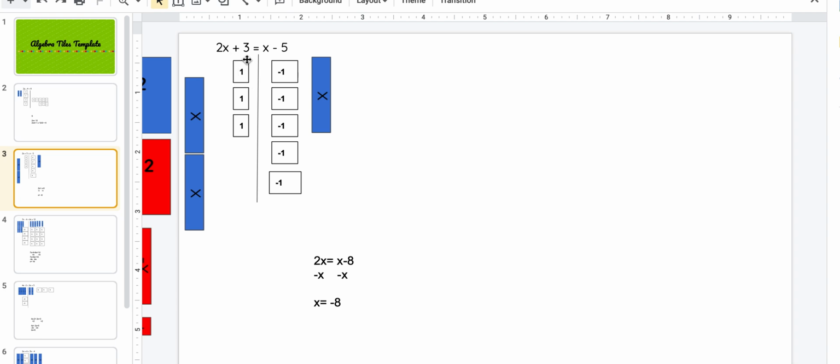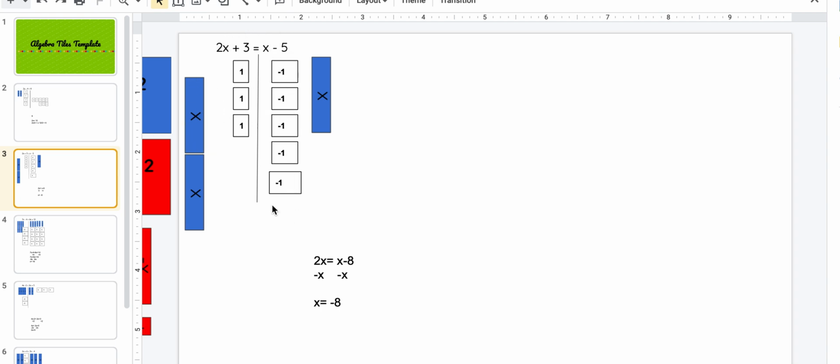So this one, 2x plus 3 equals x minus 5. Here are the 2 x's, here are the 3, 1, 2, 3. Here are the minus 5, 1, 2, 3, 4, 5, and then there's x. Again, we're trying to get x by itself. Just like last time, we subtract 3 from this side to get the x's alone, and then subtract 3 on the other side.